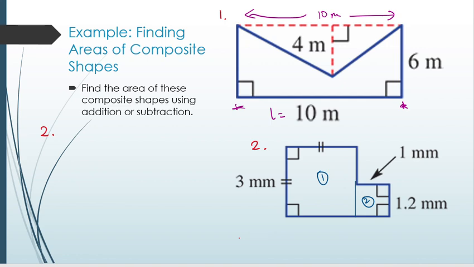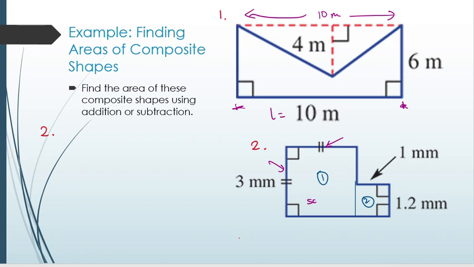So actually, shape 1 would be a square because over here, I have 3 millimeters and it's been marked with 2 dashes, while up here, it's also been marked. So just remember, a square is where all side lengths are exactly the same. And because these two are adjacent, adjacent just means beside or right next to each other, I could say that this would be a square.